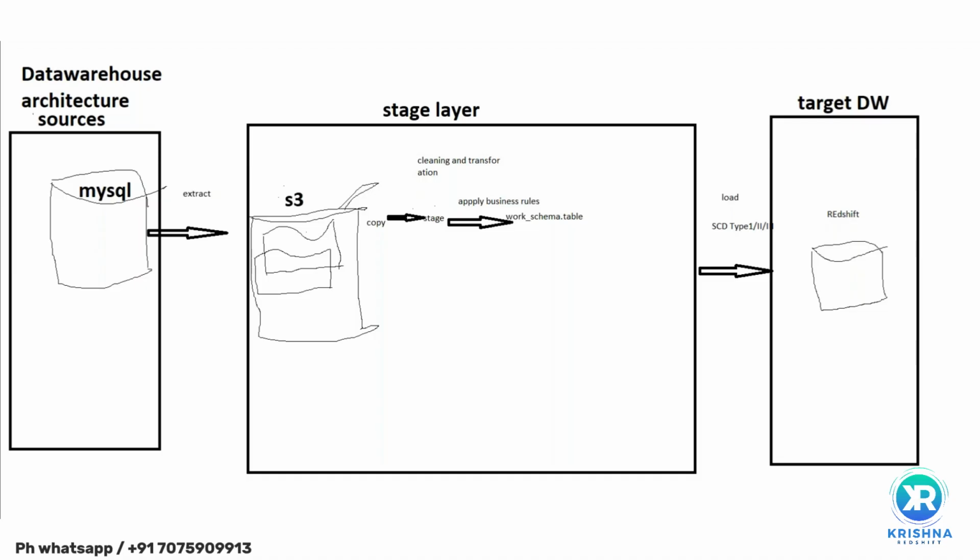Data means it should be stored somewhere, right? Generally they are called OLTP databases, online transaction processing data. So finally they will become sources for your bank data, everyday transactions.